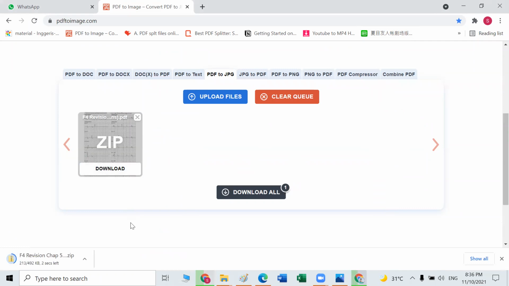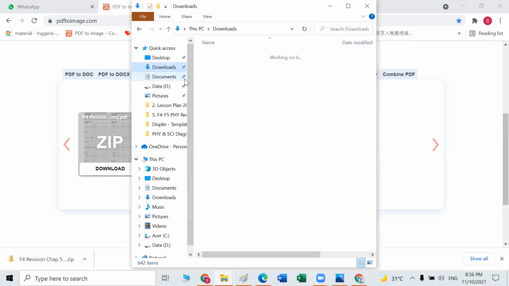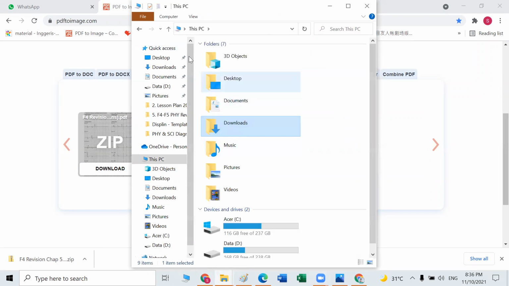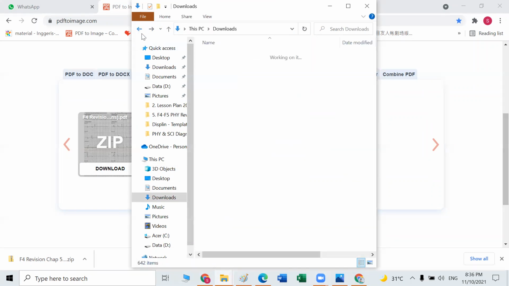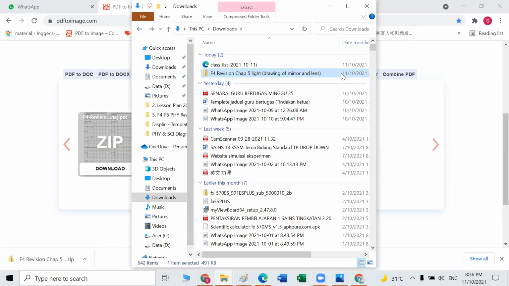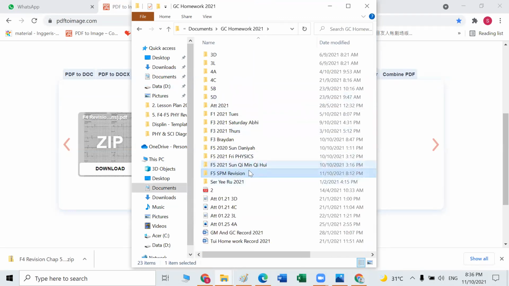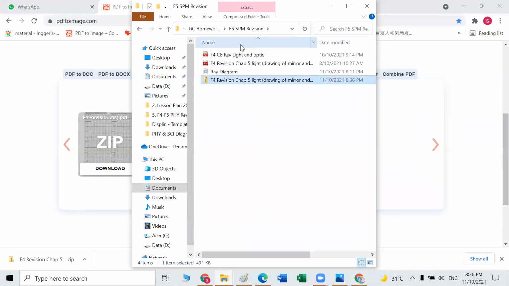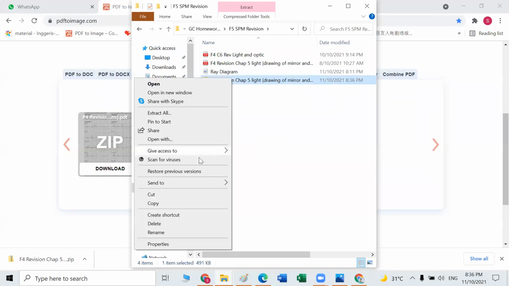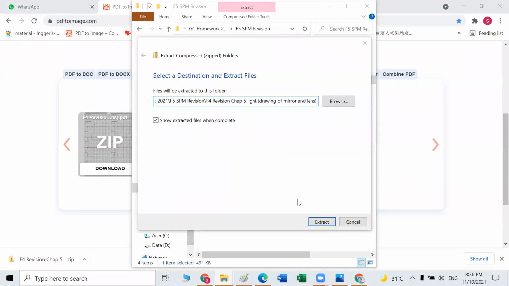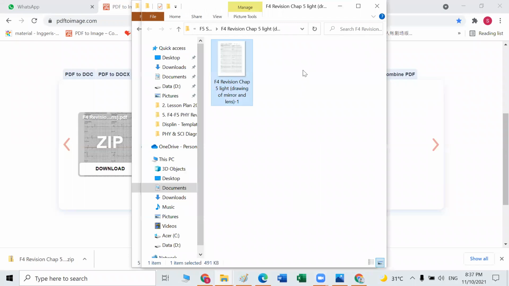Download. Copy and paste. Yay, I got it.